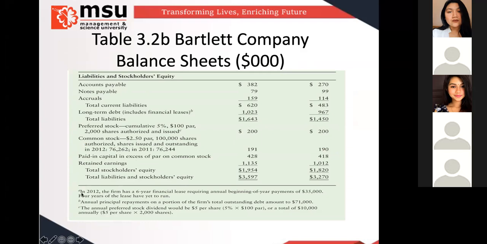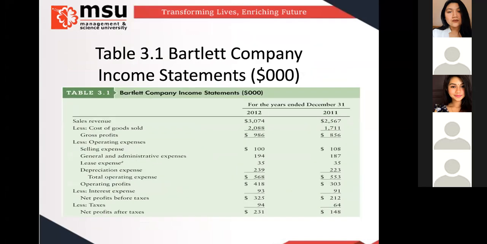Next is purchases. Where can we find purchases? In the income statement, madam, I think. Okay, in the income statement. So which one is considered purchases?